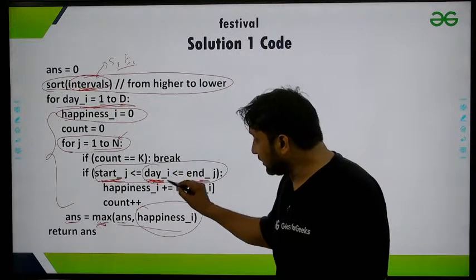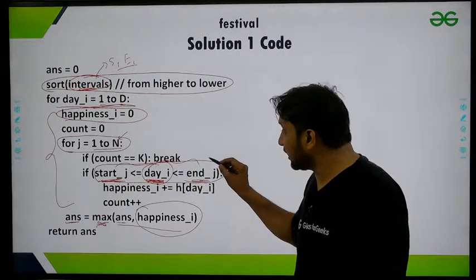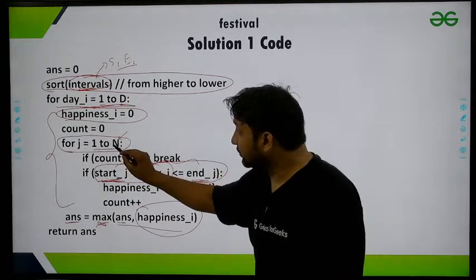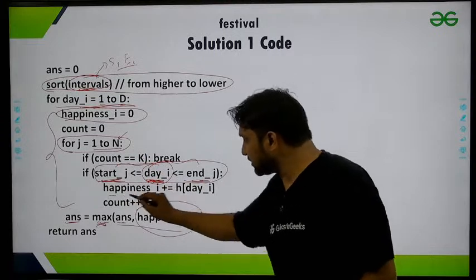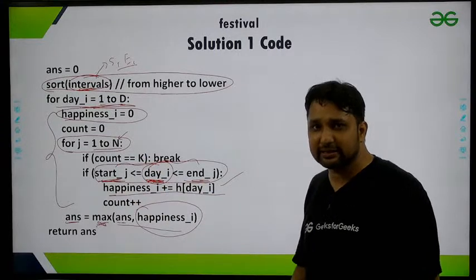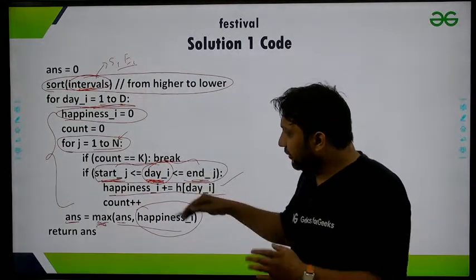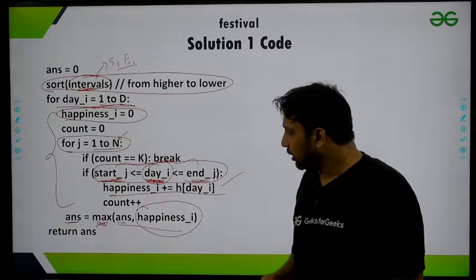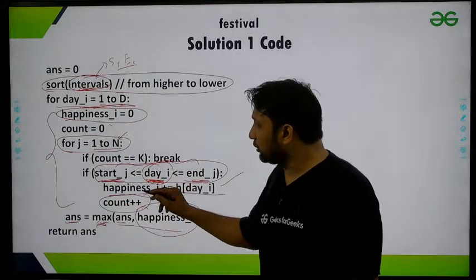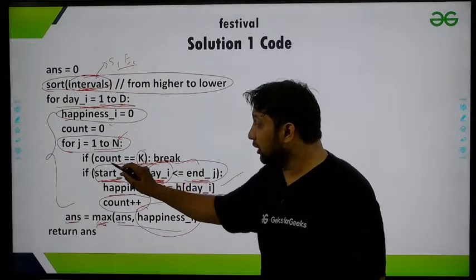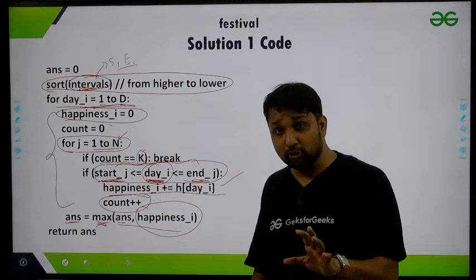If our current day lies in this period of the ride, then we consider it and add its happiness. We keep doing this again and again. And what is this count? This count is counting that we need to take k rides only.